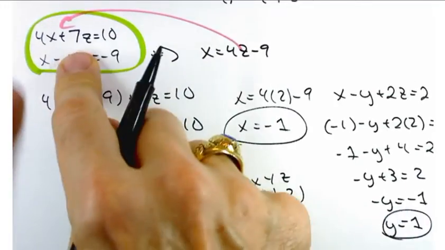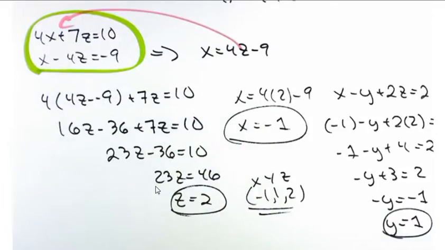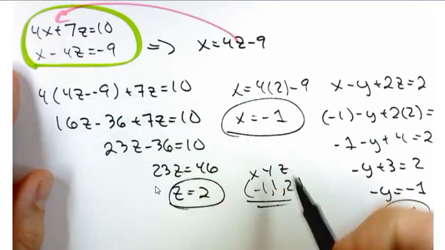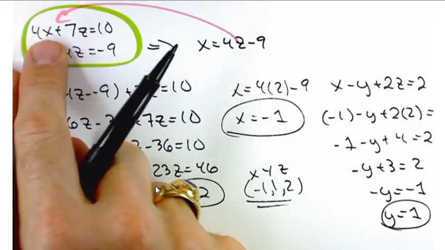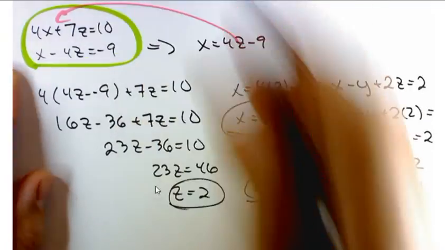look back at this set of equations. Does this work in this set of equations? Well, 4 times negative 1 is negative 4 plus 14. Yeah, that's 10, so that works.